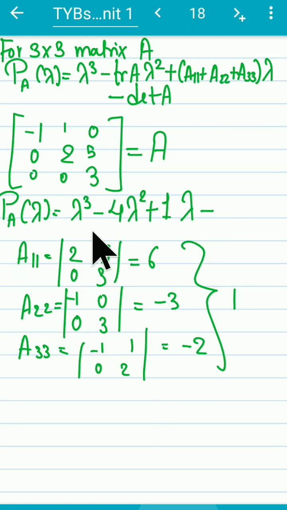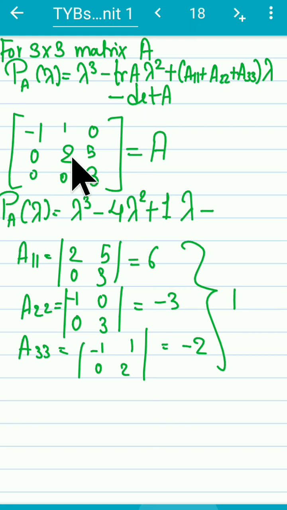One note, if you don't know the fact, I will give you the fact. In a triangular matrix, the determinant is the product of the diagonal entries. I keep repeating the word eigenvalue, which will come in unit 2. So let me repeat the statement: the determinant of an upper triangular or lower triangular matrix is nothing but the product of the diagonal entries.